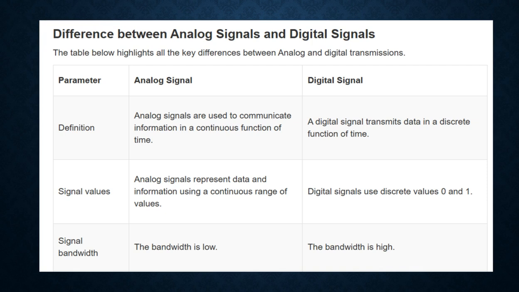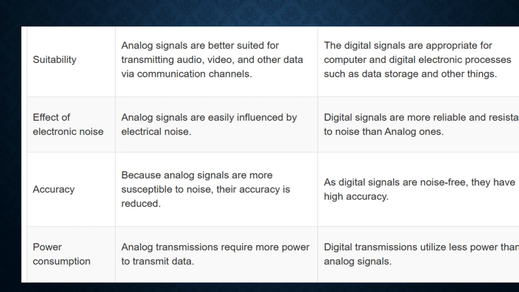In terms of bandwidth, the bandwidth is very low in analog signals, whereas the bandwidth is very high in digital signals.